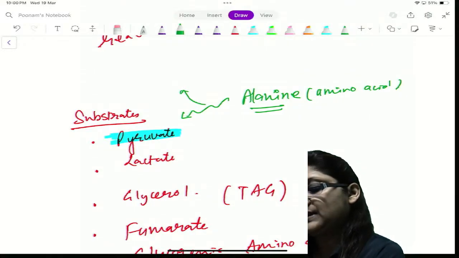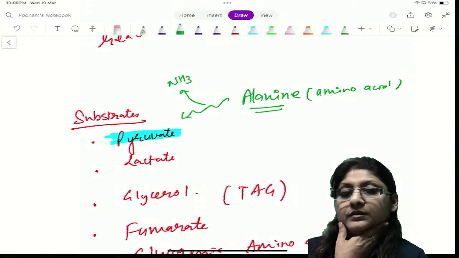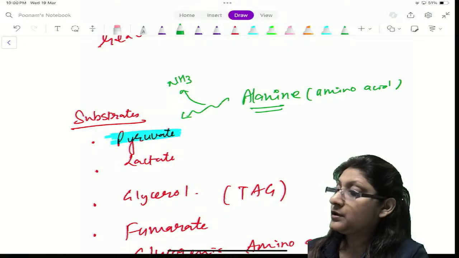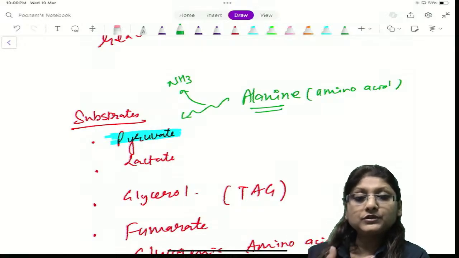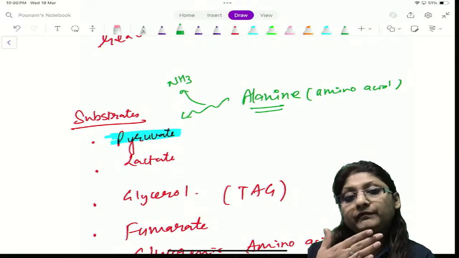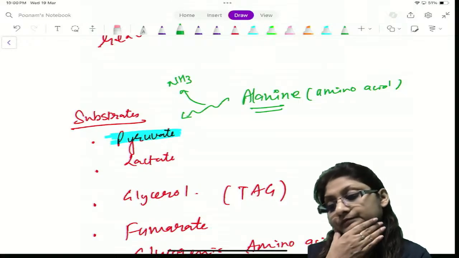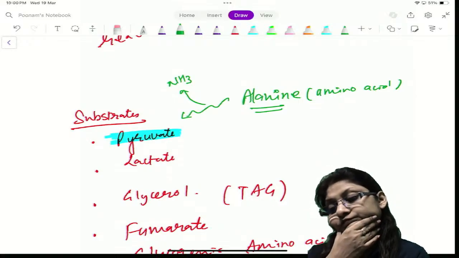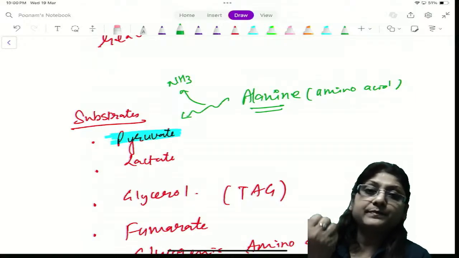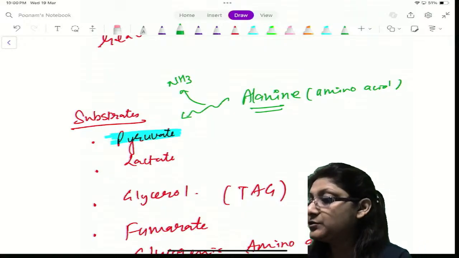This is undergoing transamination to make pyruvate. And whenever we are talking about pyruvate producing glucose, that pyruvate must come from amino acids only. How this pyruvate is making glucose, that we need to understand.